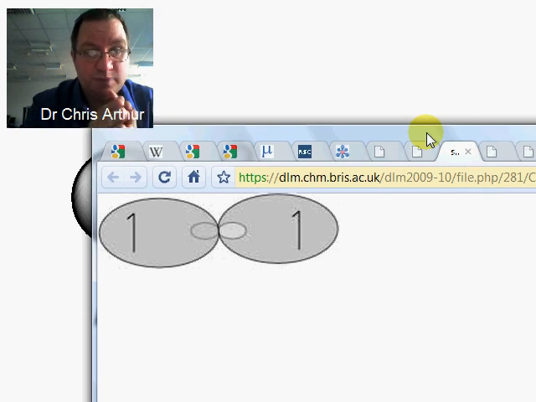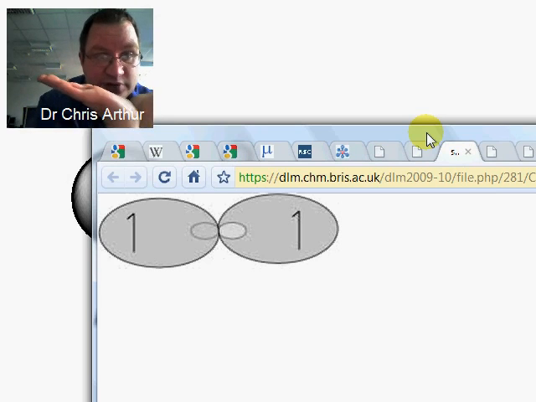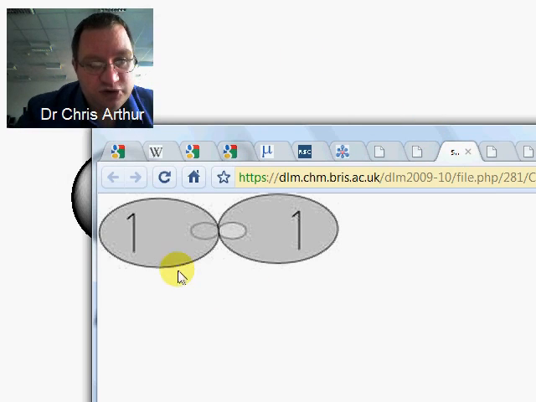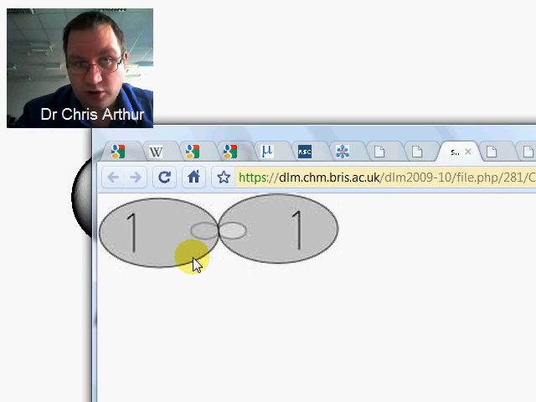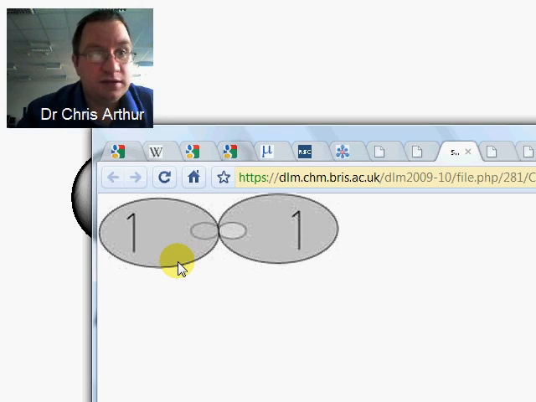So they point as far apart as possible, and that is with 180 degrees between each of these sp orbital lobes. So sp orbitals arrange themselves linearly with 180 degrees between them in order to get as far away from each other as possible.